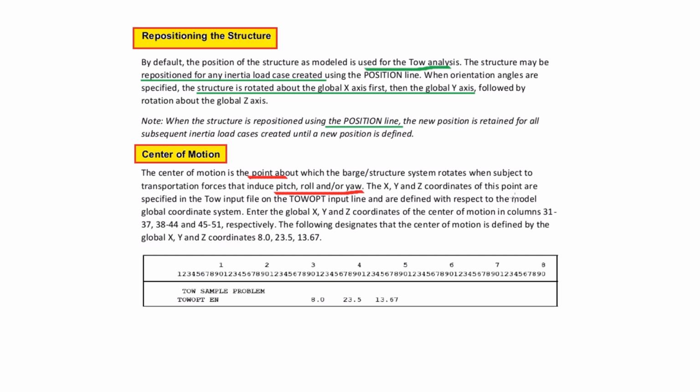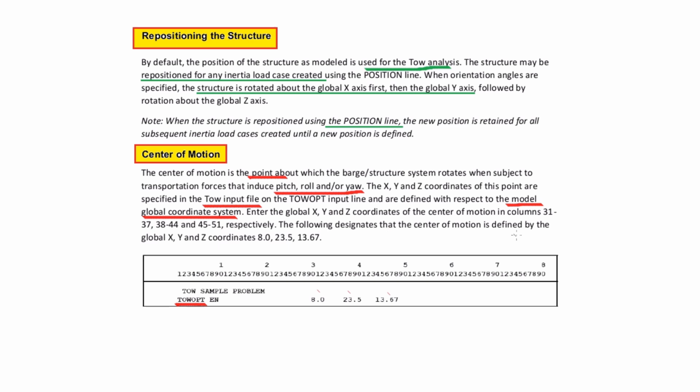XYZ coordinates of this point are specified in the tau input file. You can see in the tau input file there is an option called tau option, and they are defined with respect to the model global coordinate system. From that system, we can see how much distance in the x, y, and z axes. Enter the global xyz coordinates of the center of motion in columns 31, 38 to 44, and 45 to 51.